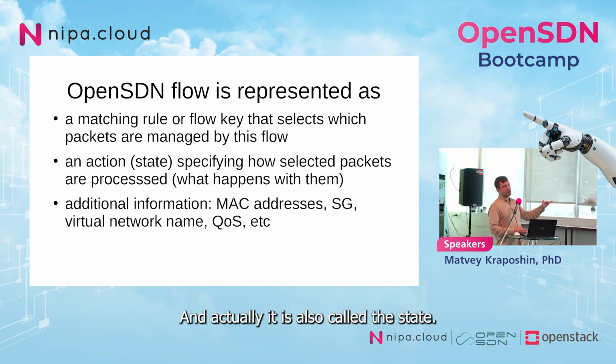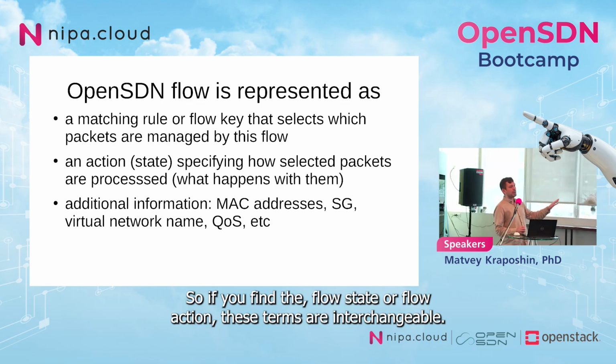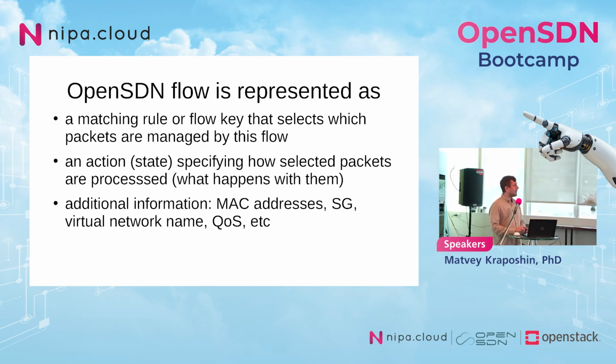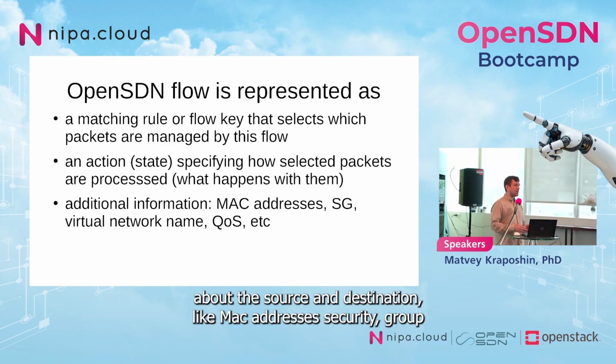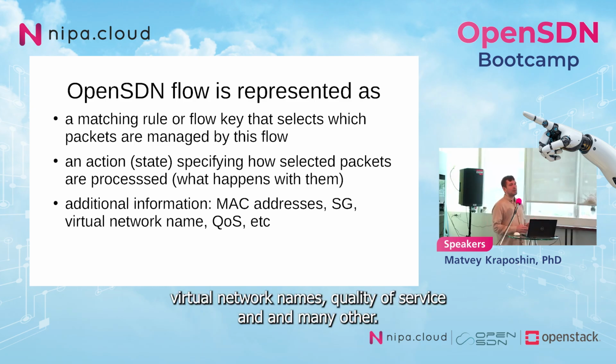And actually, it is also called a state. So if you find flow state or flow action, these terms are interchangeable. And flows also hold additional information about source and destination, like MAC addresses, security group, virtual network names, quality of service, and many others.